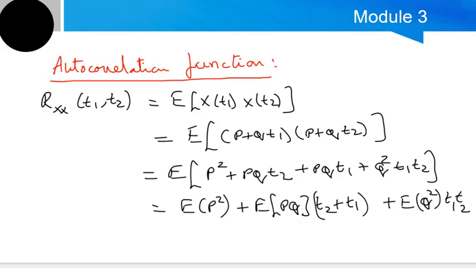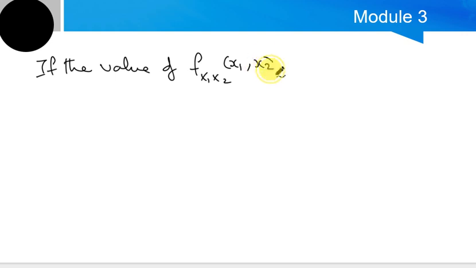Suppose I know the second order density, that is, fx1 x2 of x1 comma x2 is known or is given.